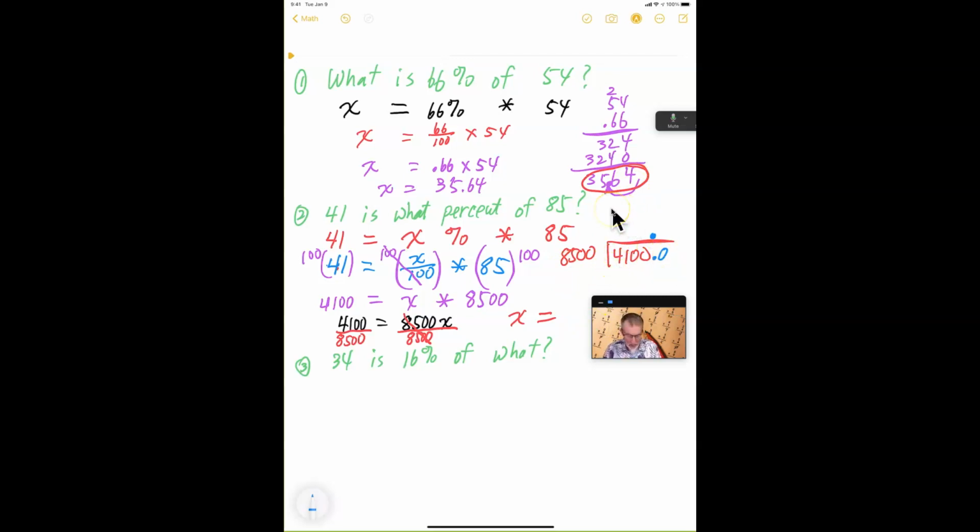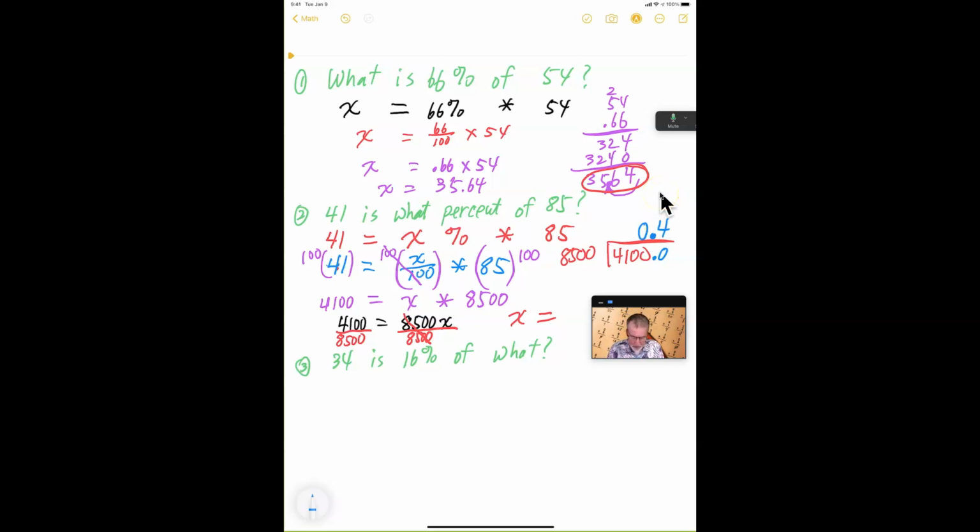So 8,500 won't go into any of these evenly. So we've got a 0 here on the left of the decimal. And then 8,500 will go into 41,000, not quite 5 times, but maybe 4 times. Let's see if we can do it with 4.